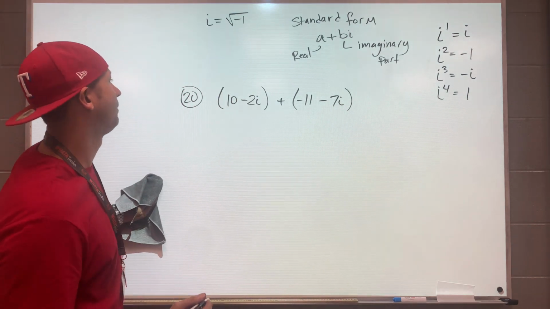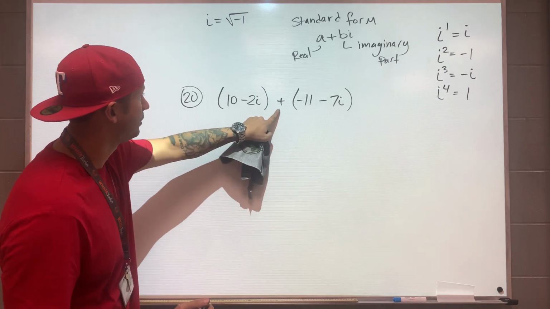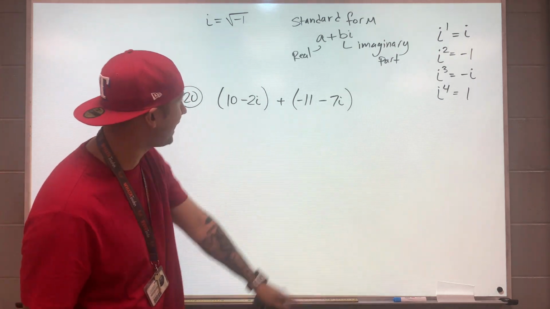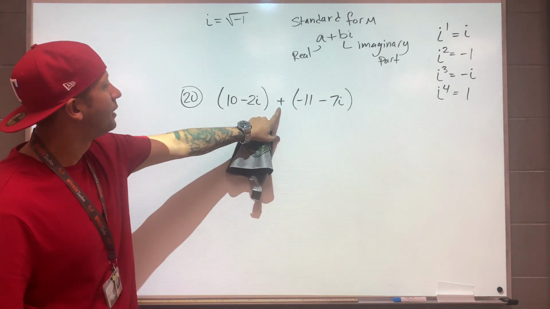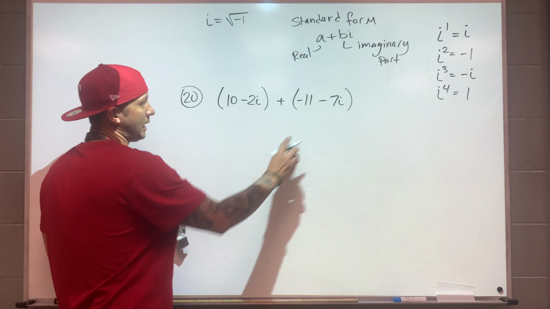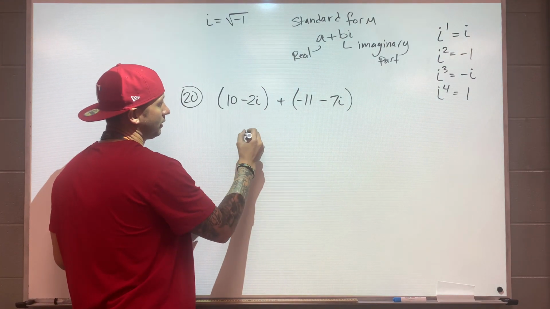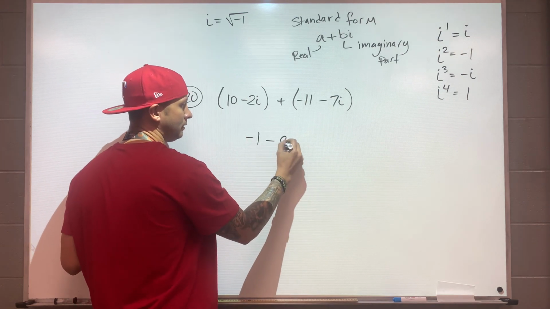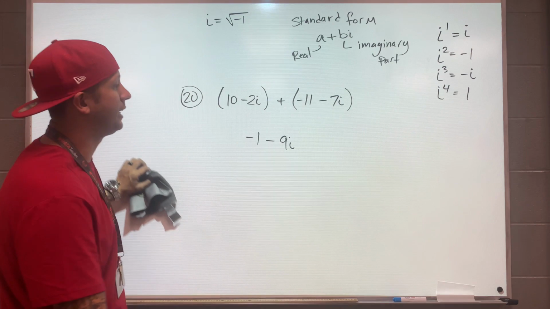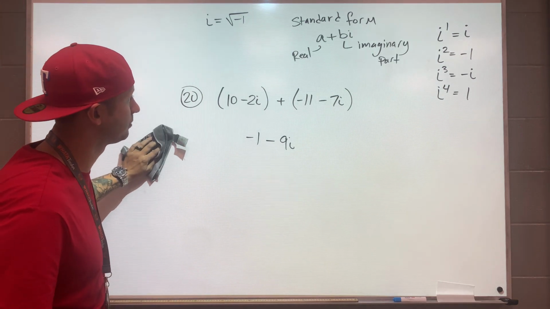Okay, since we have two complex numbers being added, we can just drop the parentheses and combine like terms. So 10 plus 11, negative 1. Negative 2 plus negative 7i is negative 9i. So negative 1 minus 9i.